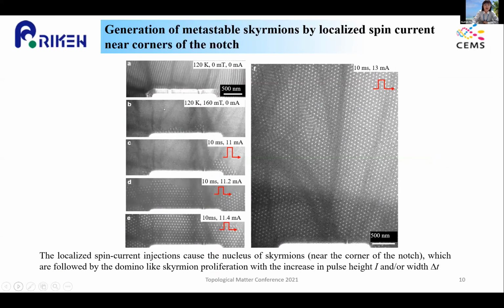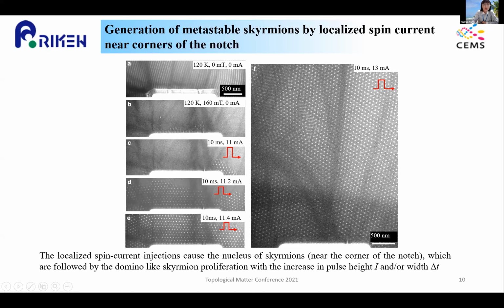To generate this chiral skyrmion by using a pulse current, we designed a device with a notch, shown here. At the initial state, you can clearly see the stripe domain, and this simulation indicates a helical state for the sample.